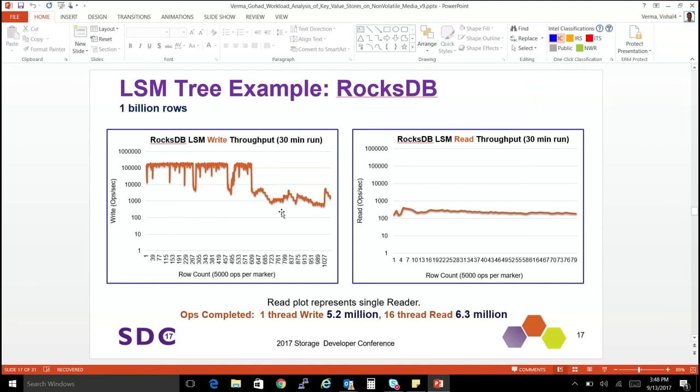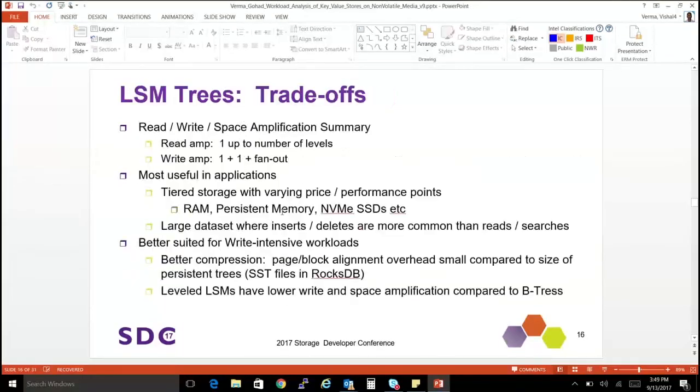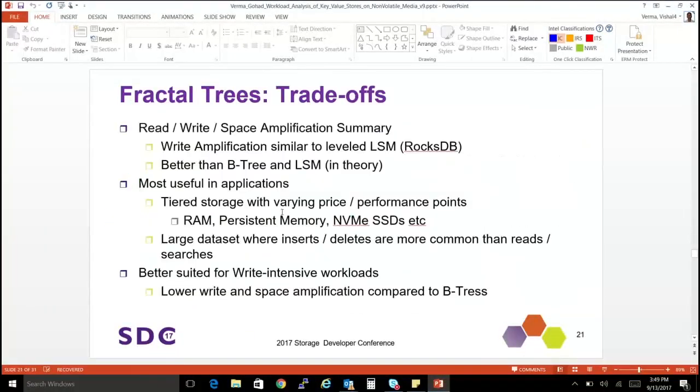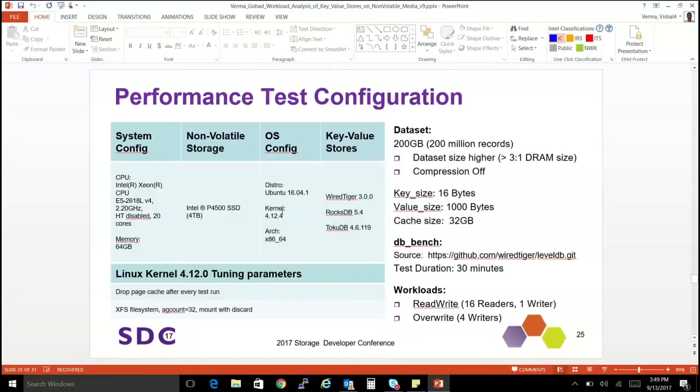Can you go back to the test configuration slide? Sure. What's with the choice of dataset size? It's like 20x over-provisioning, I think.